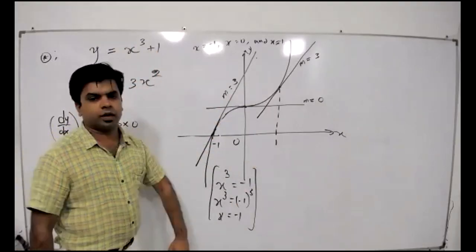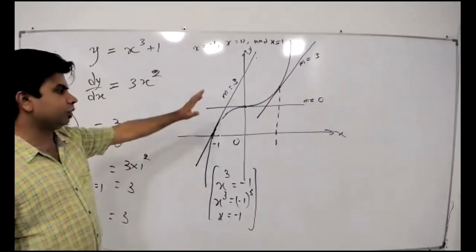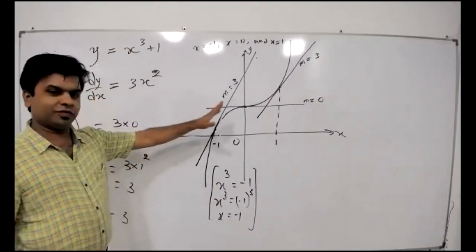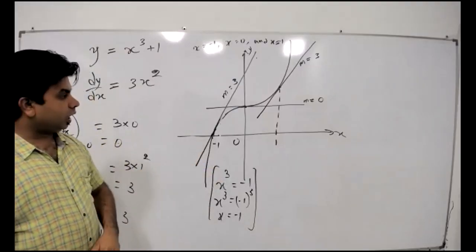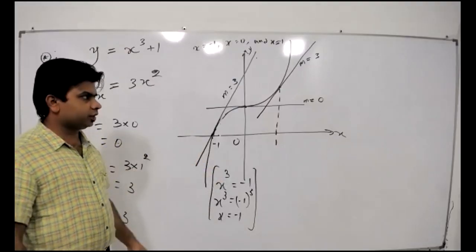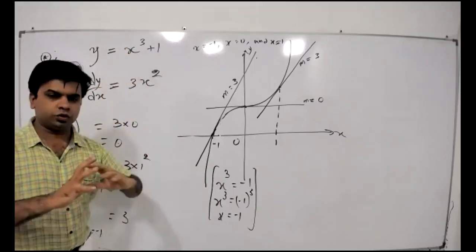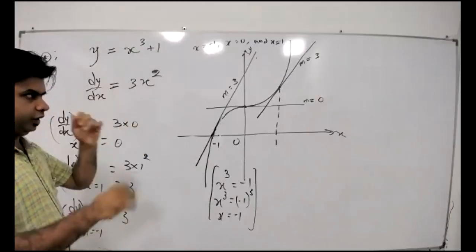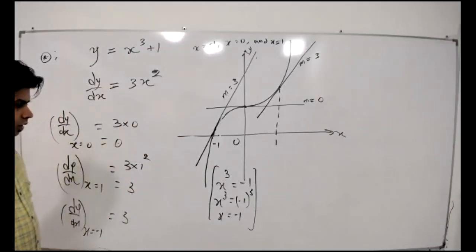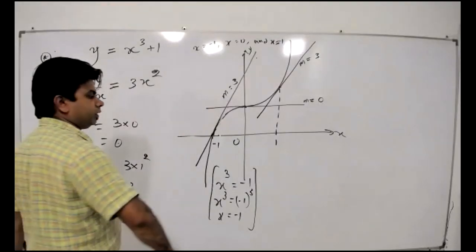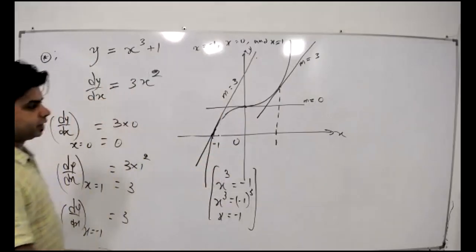Just take the graph, don't worry about it. Any function's graph will be drawn after the discussion of curve sketching. I just told you, just take it. Later we can discuss how to draw the graphs of these functions. Now here I just wanted to mention how we take the gradients to the curve at different x values.